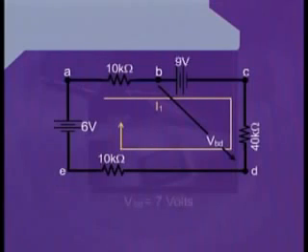Now, simplifying it, we can write VBD is equal to 7 volts.